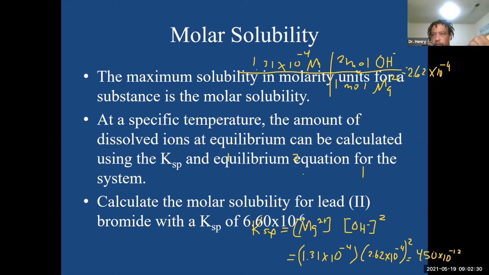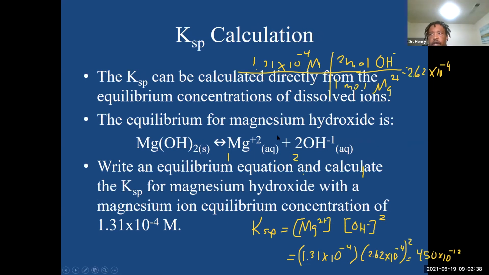Does that make sense? So in our equation, remember Le Chatelier's principle? If we exceed that equilibrium concentration, you have something greater than the equilibrium concentration.